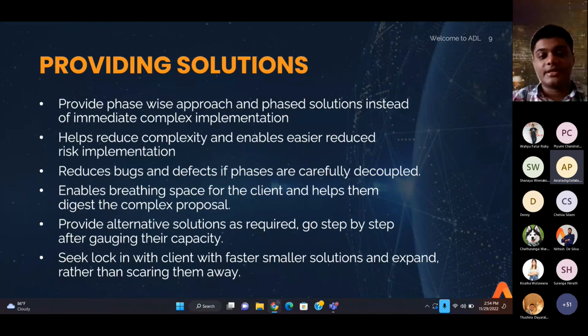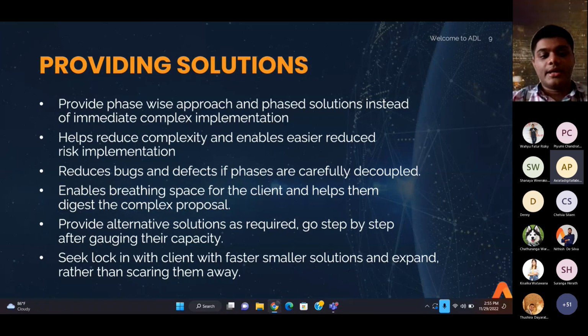So therefore a phase-wise, completely decoupled architecture is ideal to remove and reduce maintenance problems, which occur, as we discussed earlier, in the maintainability of the software.